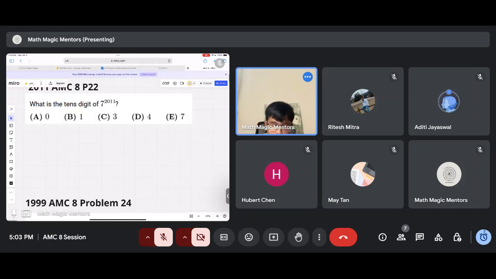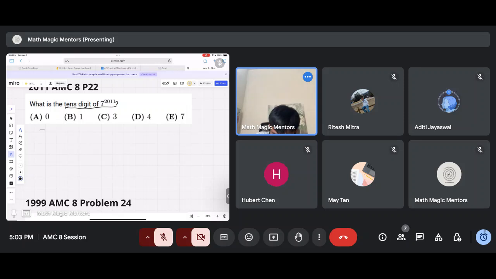All right, so I'll start. Basically, what you want to remember is that if the problem says tens digit, that is usually an indication of mod 100.